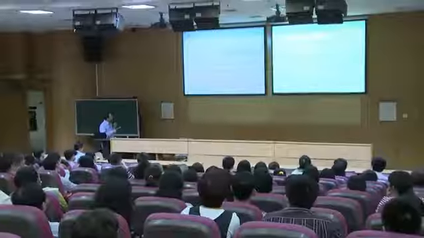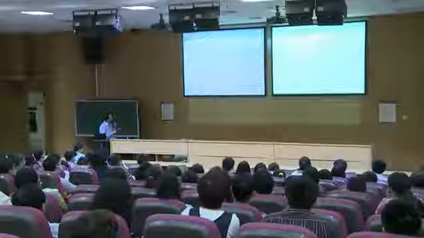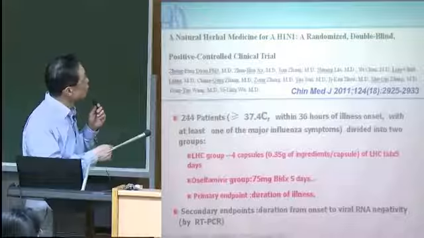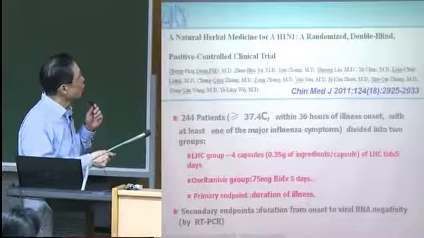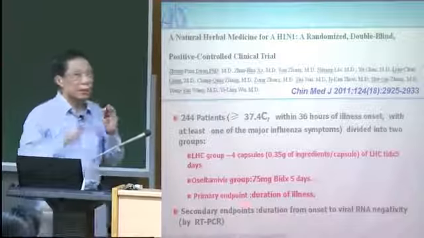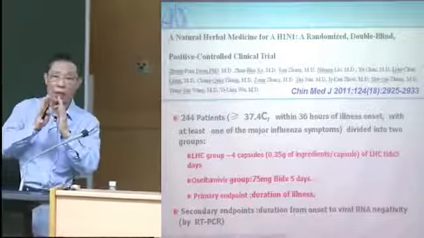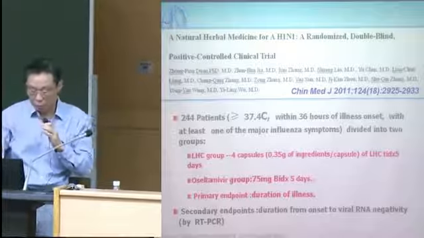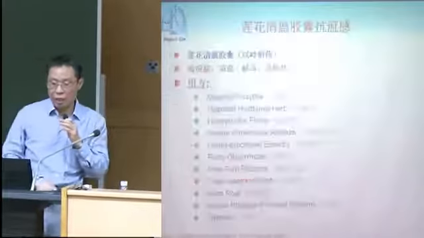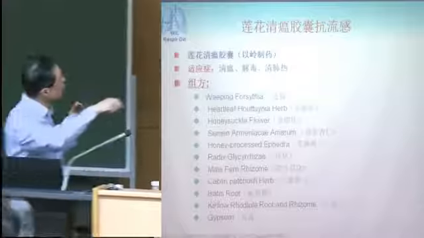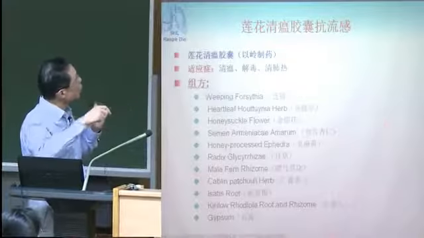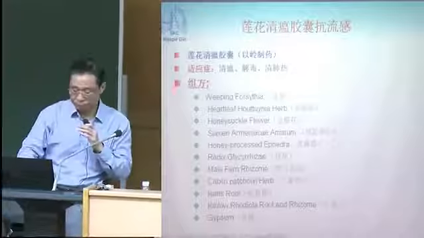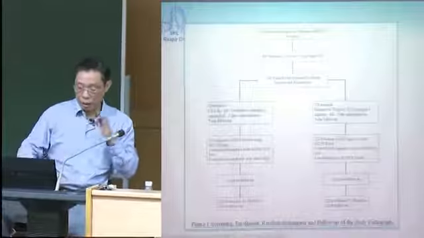And using 莲花清瘟胶囊 in the first group, and oseltamivir in the second group. The primary endpoint is to compare the two groups on whether there is improvement or so on. These are some of the quite common elements of this 莲花清瘟胶囊. And this is divided into two groups.